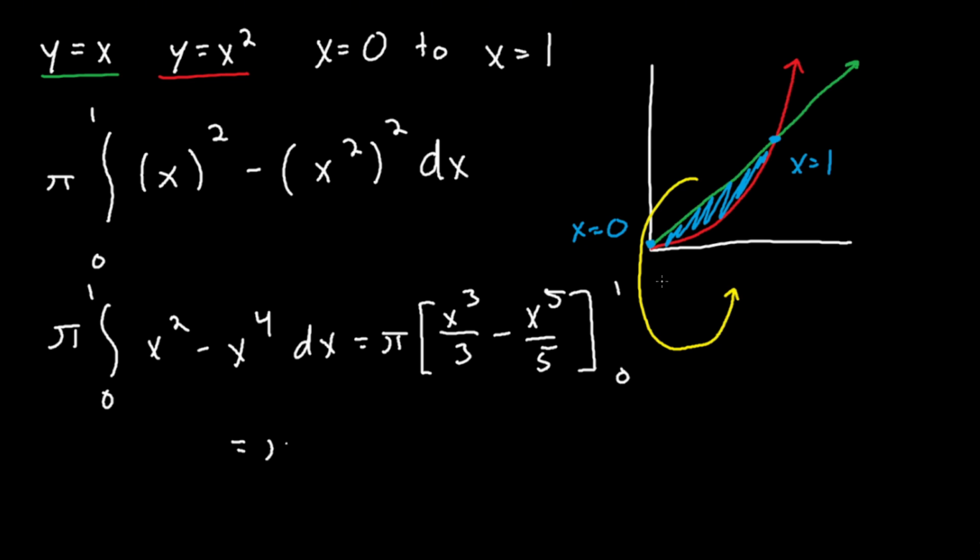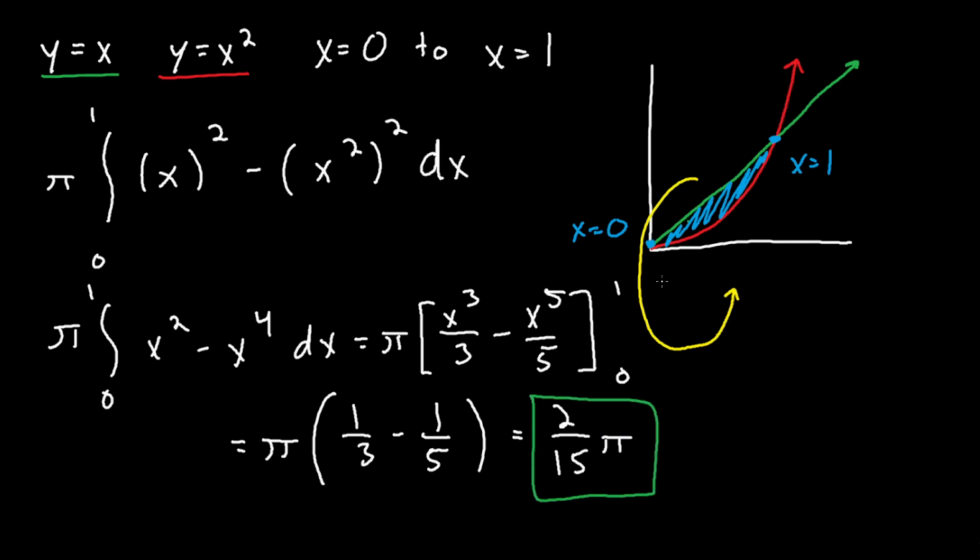So pi times 1 over 3 minus 1 over 5. The 0 doesn't do anything, so we can just omit that. We don't have to plug in the 0 for the fundamental theorem of calculus. Once we evaluate this, if you want me to simplify it, it's 2 over 15 times pi. So this right here is the volume of this area revolved around the x-axis.